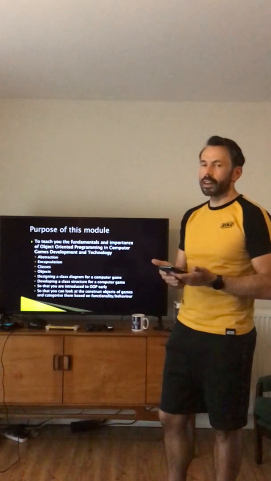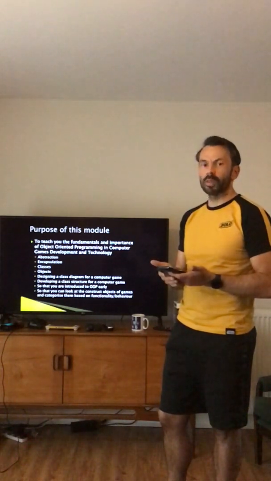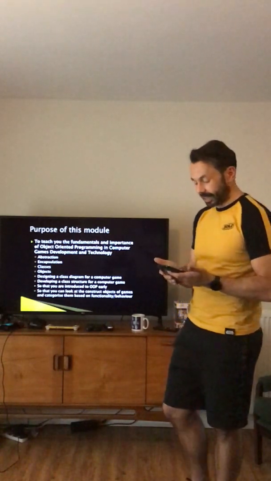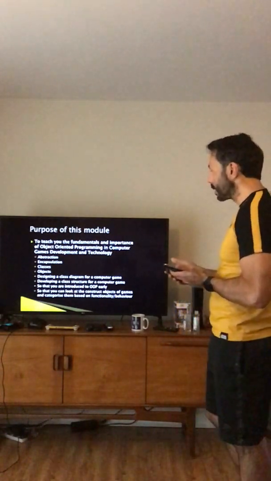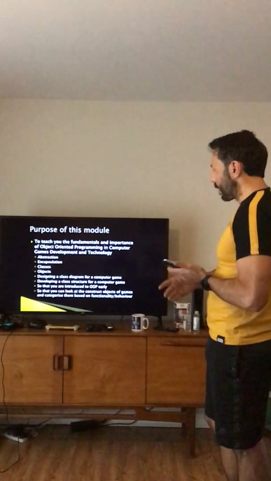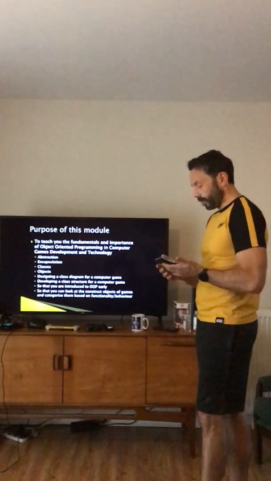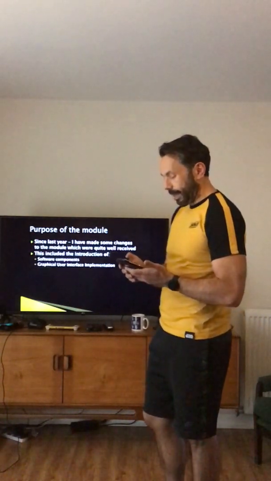We may look at other diagrams as well, possibly sequence diagrams in UML and use case diagrams. They seem to be the simplest ones, so that you can look at the construct objects of games and categorize them based on their functionality and behavior.